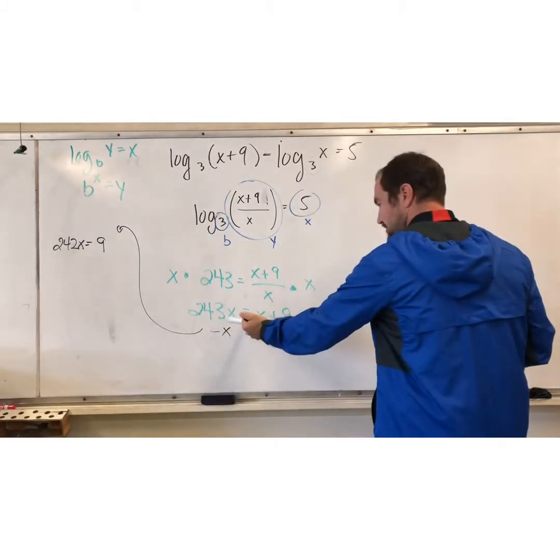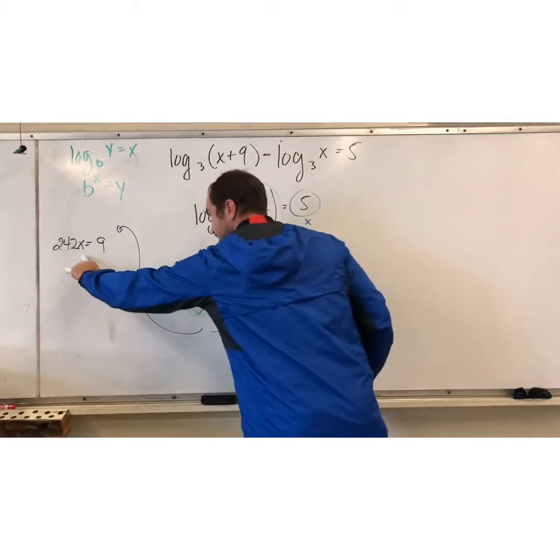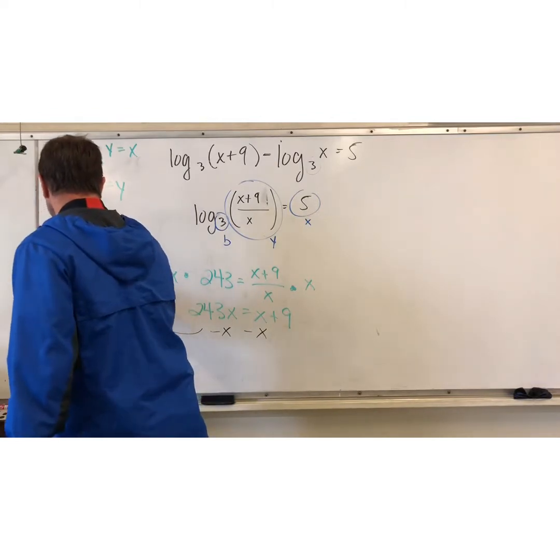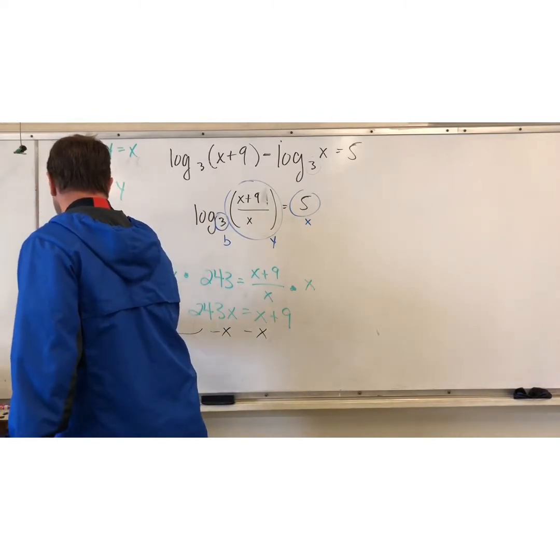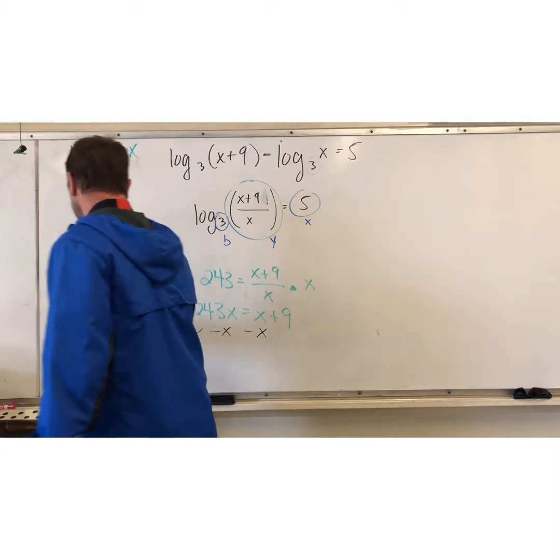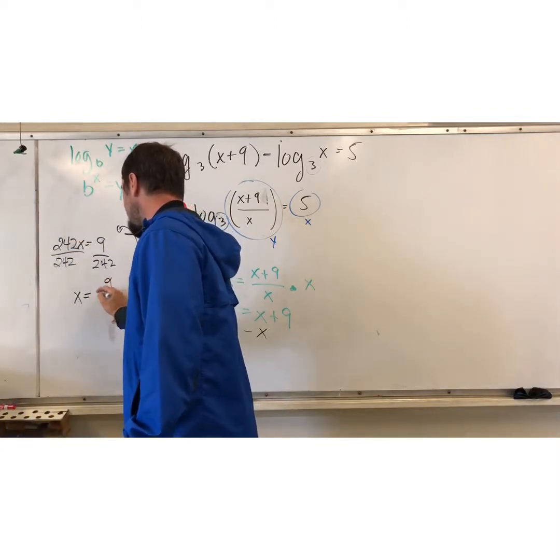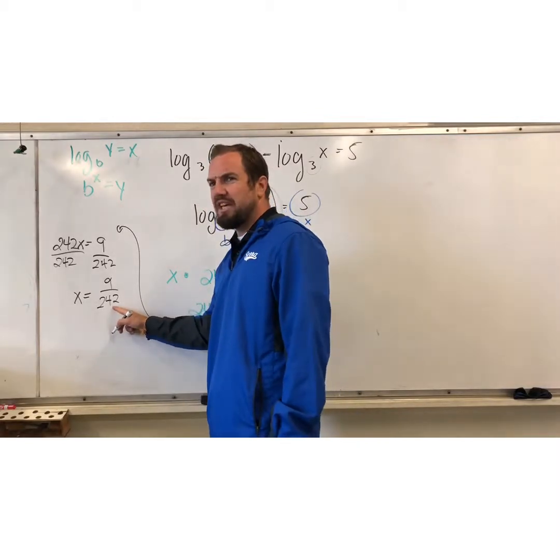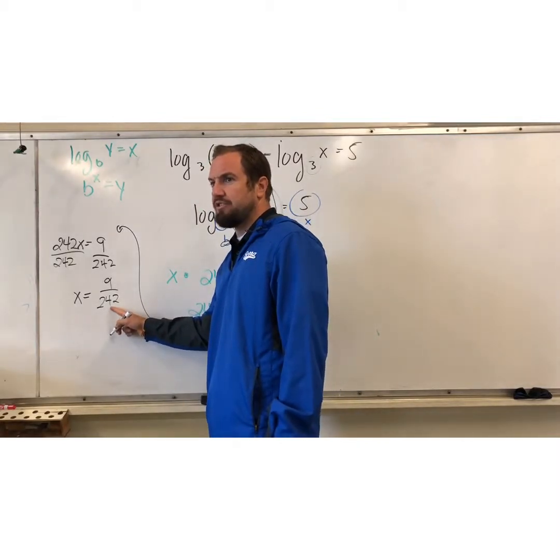You have 243 apples, and you're taking one apple, you have this many apples. Divide by 242, x is equal to 9 over 242. Can I reduce this? Well, I know 3 goes into 24, okay?